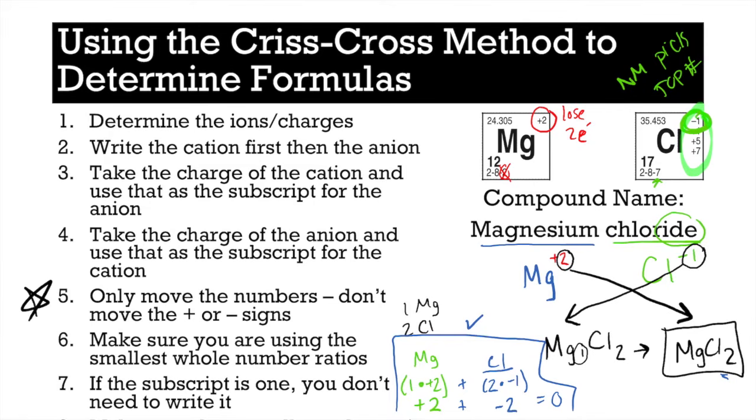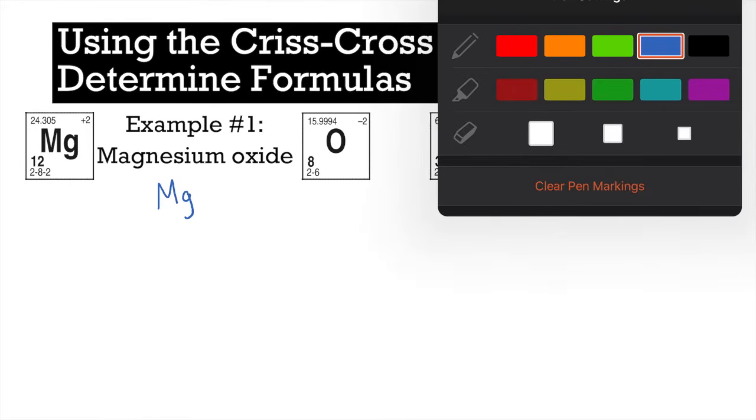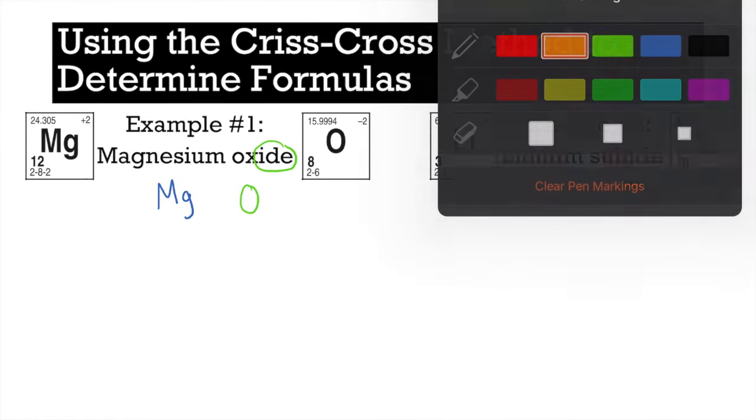So we're going to go over a few more examples before I let you practice this. Okay, so let's go into some more examples. Our next example would be magnesium oxide. The symbol for magnesium is Mg, and the symbol for oxide, again, we'll talk about that IDE ending soon, is talking about oxygen, and that is O. Then you want to look at the charges.